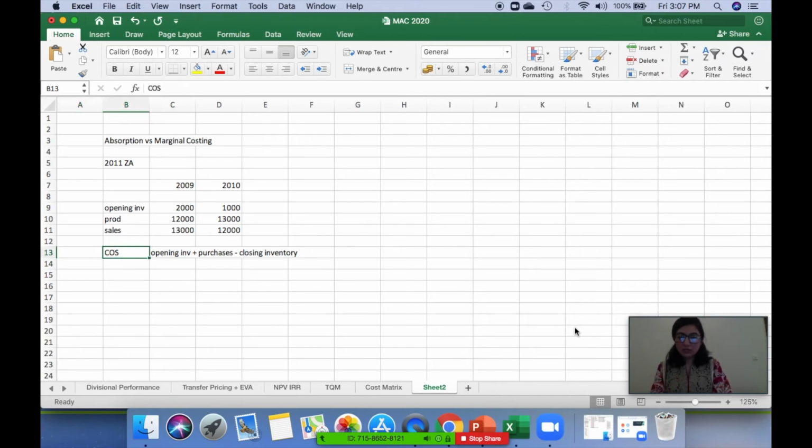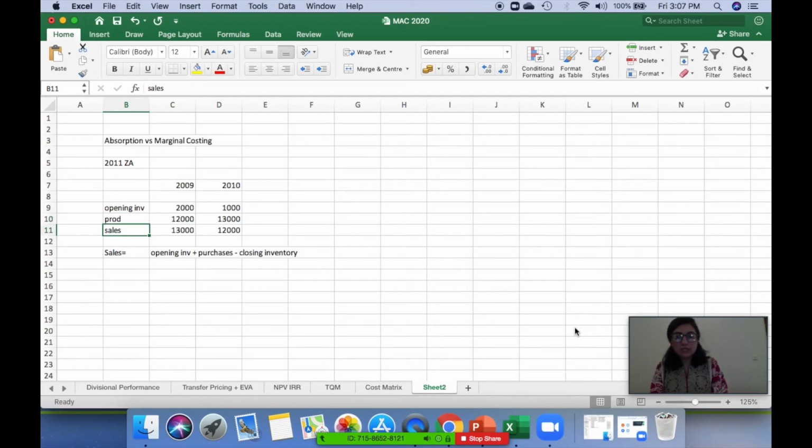So we need to calculate the cost of your sales. This actually gives you sales units. Your sales units is equal to what you had in your warehouse, what you made during the year, your finished goods, and what was left after you sold a part of it. Now in this table, we have opening inventory, we have the production for the year, which is also purchases or finished good production, and you have sales.